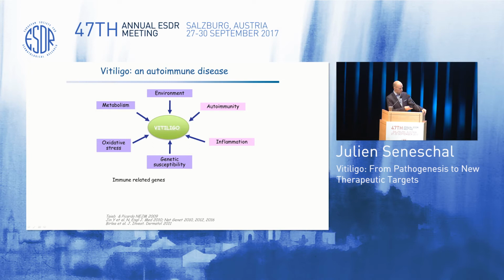These include innate immune genes, such as NLRP1 associated with the inflammasome, or IFIH1 associated with the type 1 interferon signal, and also genes associated with adaptive immunity, such as the IL-2 receptor, MHC class 1 or 2.